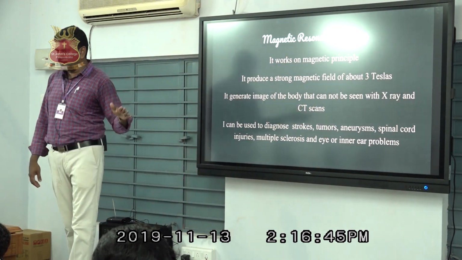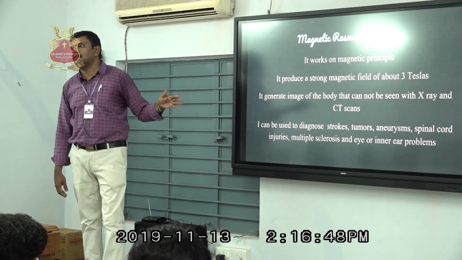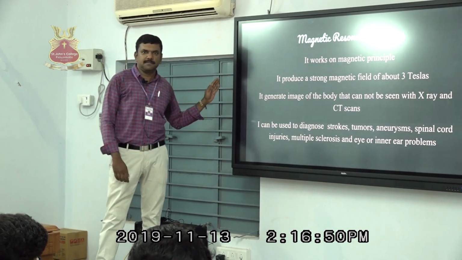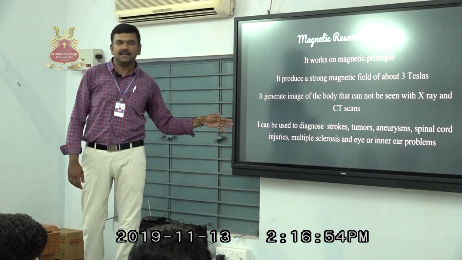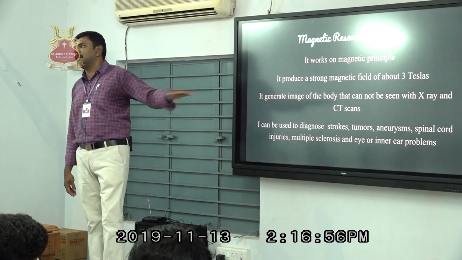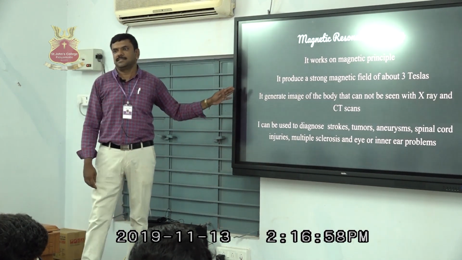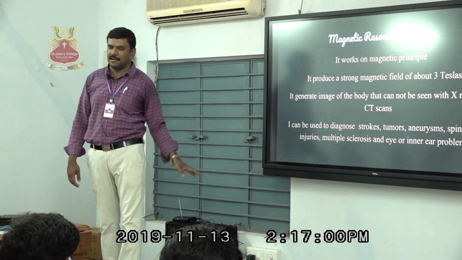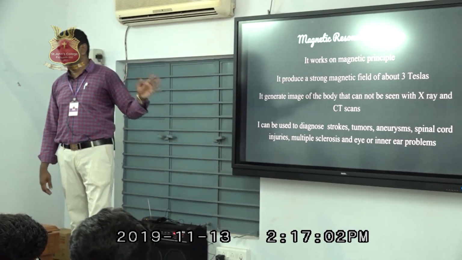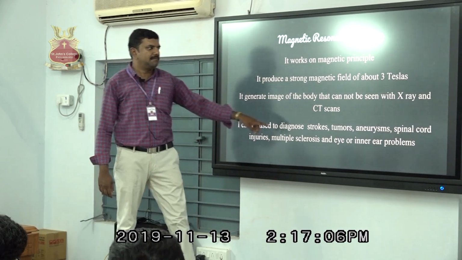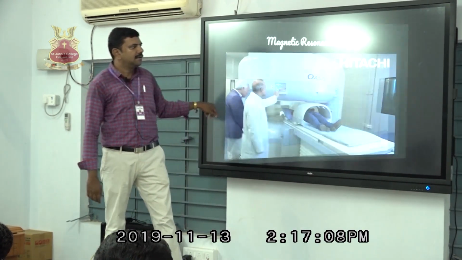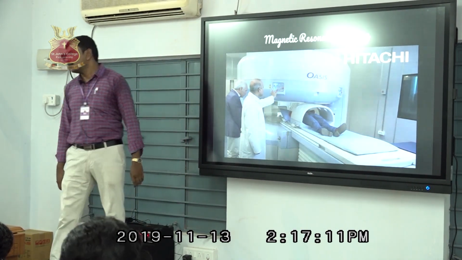The images generated by MRI are not able to be generated with the help of CT or X-ray, because it is based on the magnetic field and there is no harmful radiation in it. But the process is much heavier. You have to maintain a constant magnetic field, and the process and the machine equipment is costlier, but it has a better result when compared to X-ray and the CT scan.